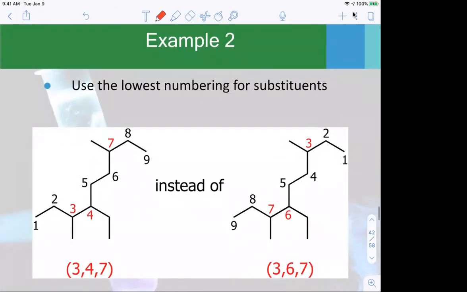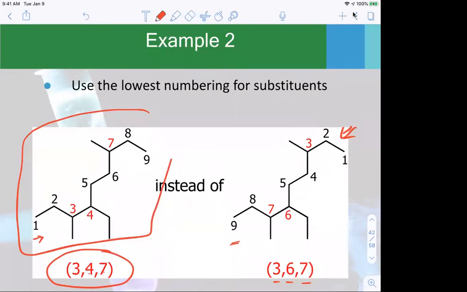Then I'm going to number, right? If I go from this direction, I get substituents on the 3, 4, and 7 carbon. If I go in this direction, I get substituents on the 3, 6, and 7 carbon. This is my lower grouping, so I'm going to use this numbering system instead.